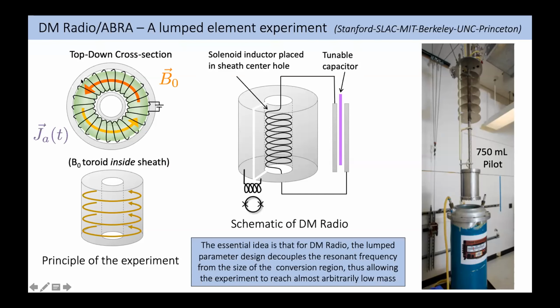The magnetic field induces this effective axion current, which then in turn induces an oscillating magnetic field in the center of this toroidal magnet. And then one has, in fact, the lumped parameter LC circuit, which can be tuned. And this then allows one to look for very, very low frequencies in a finite size conversion volume.